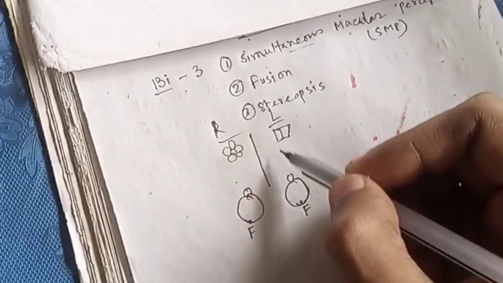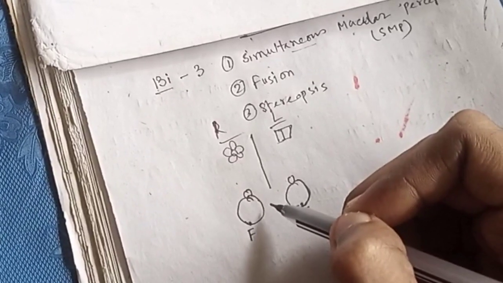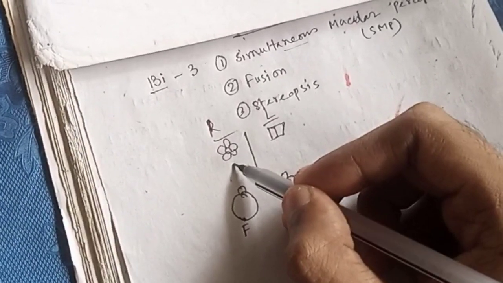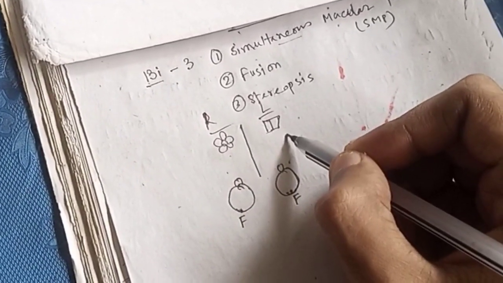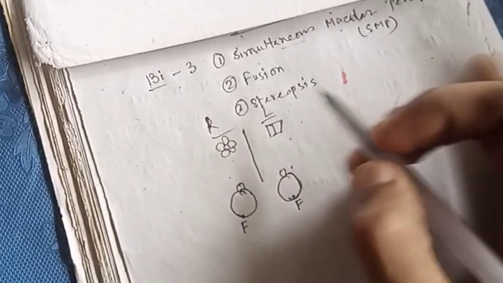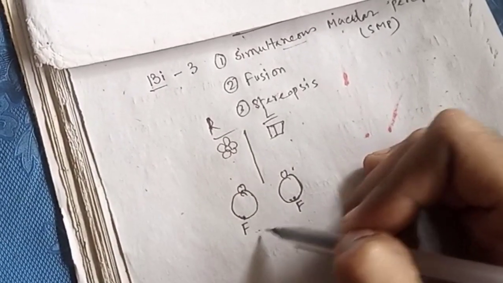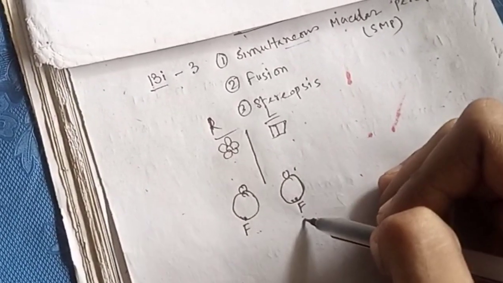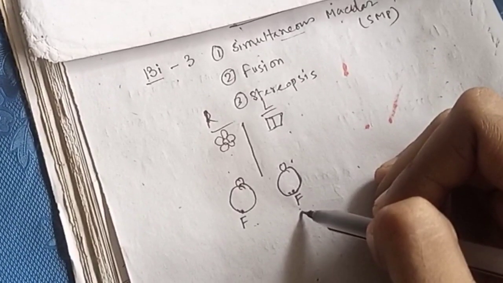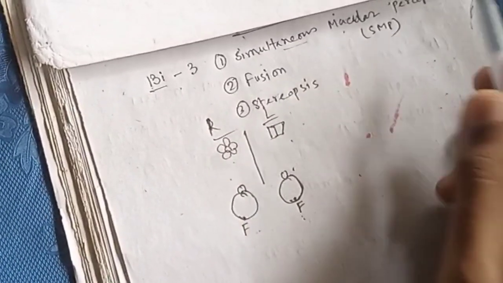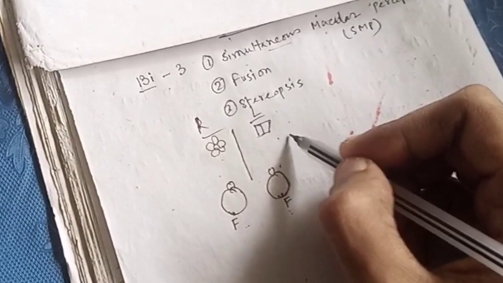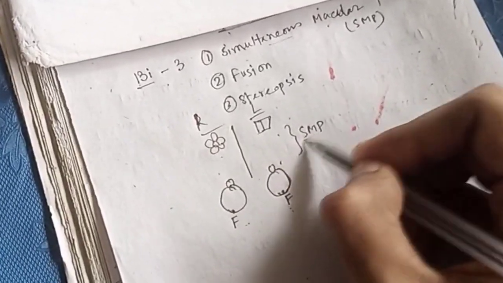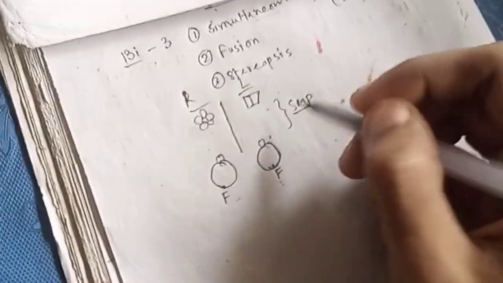If the person can see the flower and the book at the same time, this means the two macula of that patient's eyes are perfect, and simultaneous macular perception occurs. This is the first grade of binocular vision, known as SMP.